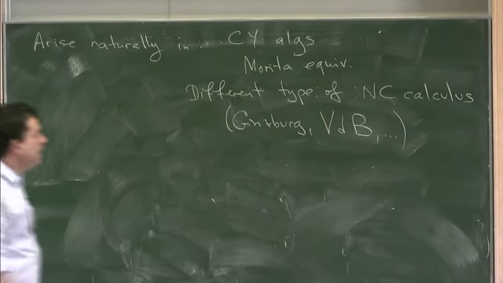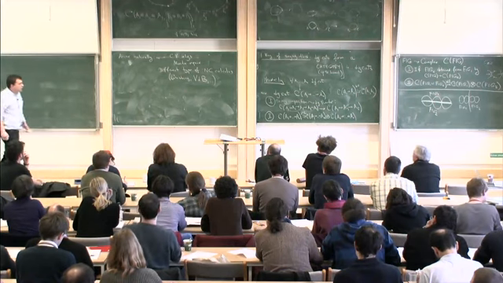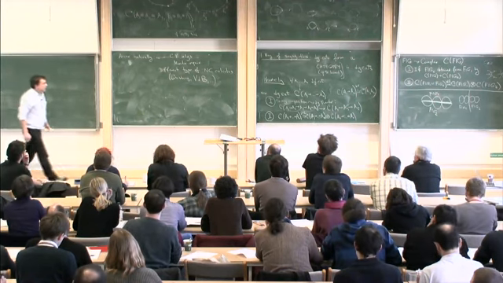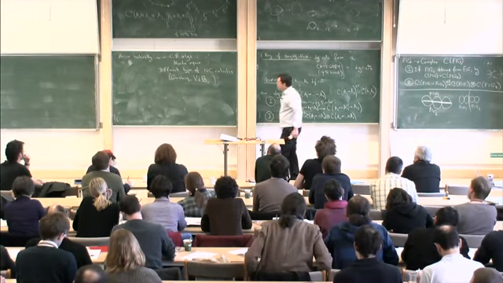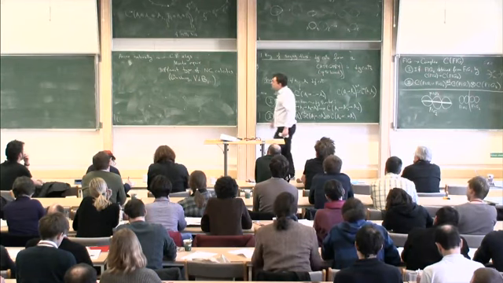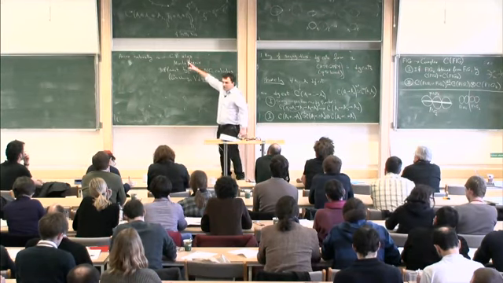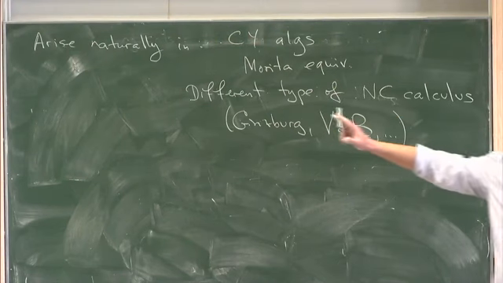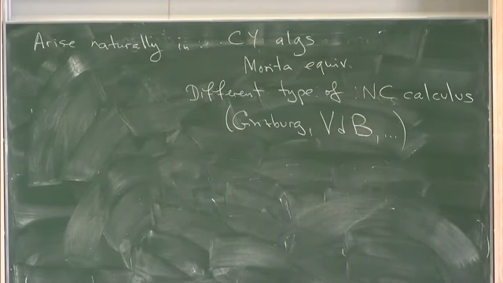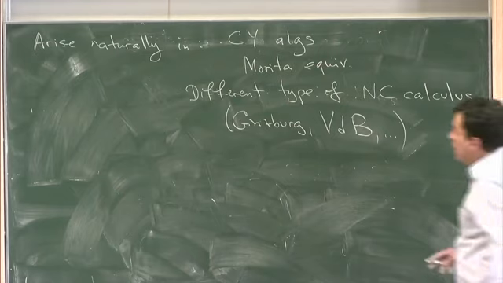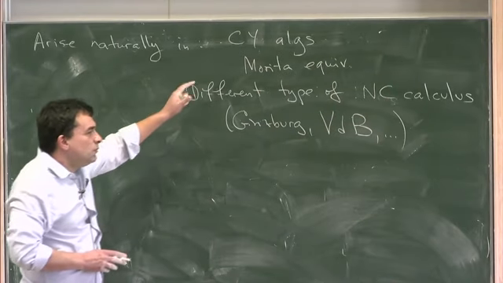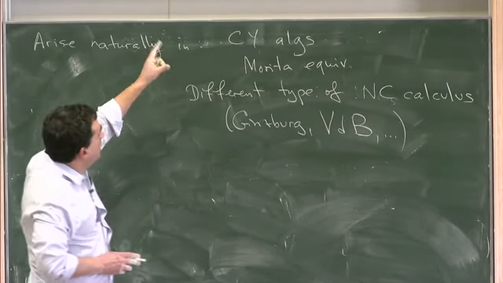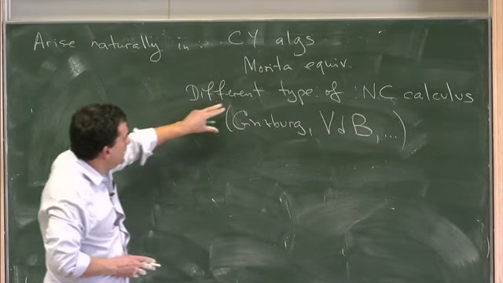So let me just say that those things seem to arise naturally in a lot of questions of non-commutative geometry. For example, when you study Calabi-Yau algebras and categories in their different guises. Also, behavior of those invariants under Morita equivalence.